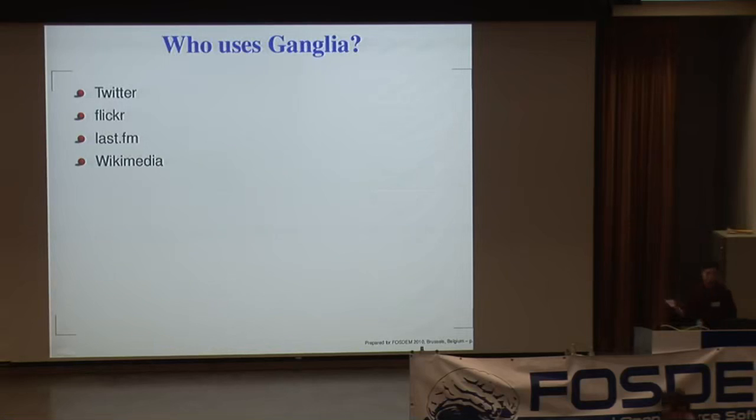So just to give you an example of some people who use Ganglia, these are just names you can find on our website. There's a little bar on the side that tells you who uses Ganglia. I'd especially like to point out Flickr. I know the previous operations manager always said to use Ganglia. What does he use it for?